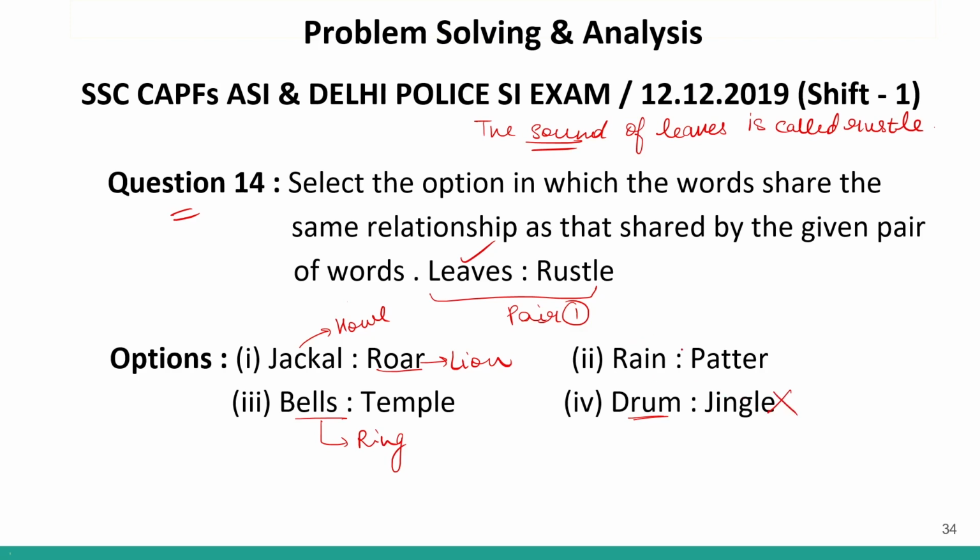The sound of rain is called pit-pat, or it can be called pitter-patter. So option number 2, rain is to patter, will be the correct answer.